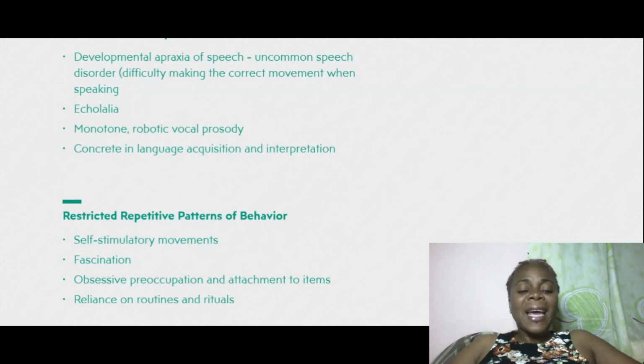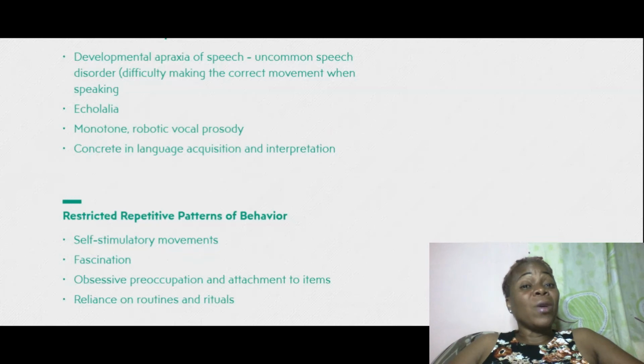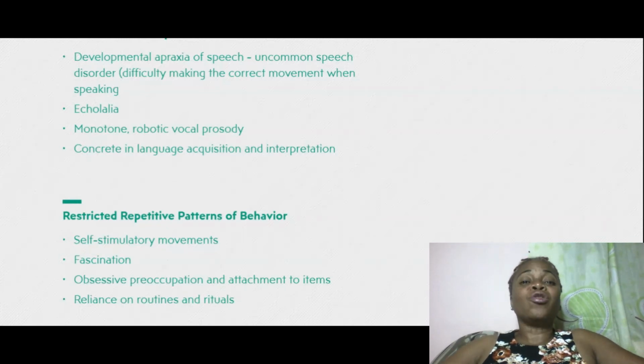And then there is reliance on routines and rituals. Children with autism rely heavily on routines. And if you interrupt their routines, they will engage in aggressive behavior, or a few might withdraw. So they really like to work with structure.